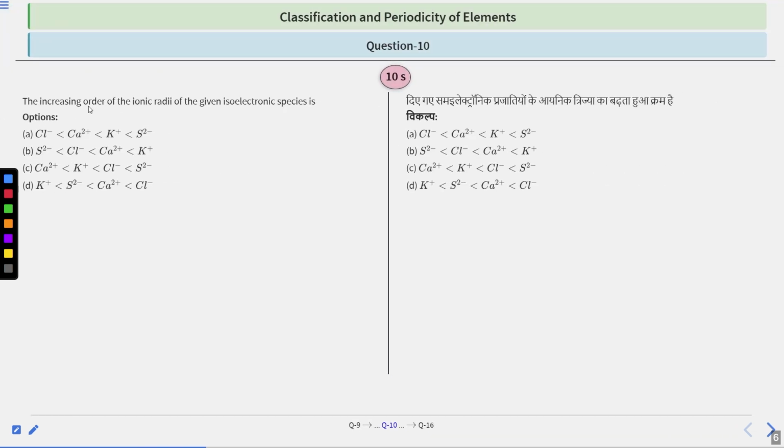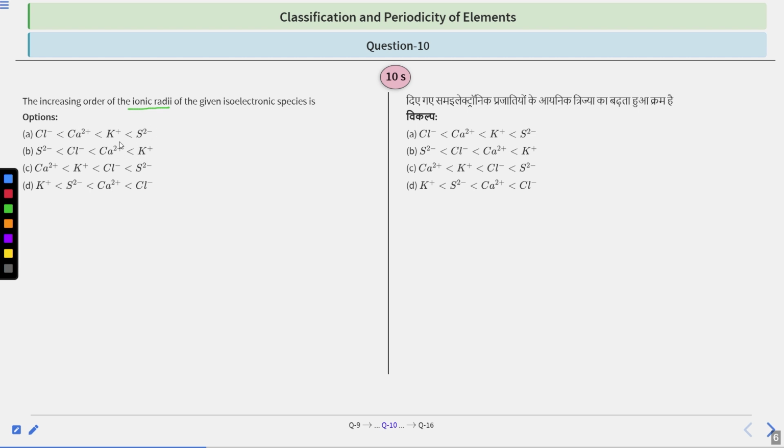The increasing order of ionic radii of the given isoelectronic species is. So in the options you can see we have been given some isoelectronic species in a certain order, and we have to find the correct order of the ionic radii for these species. Options are: S2 negative having the highest ionic radii, then potassium positive, then calcium 2 positive, then chlorine negative.